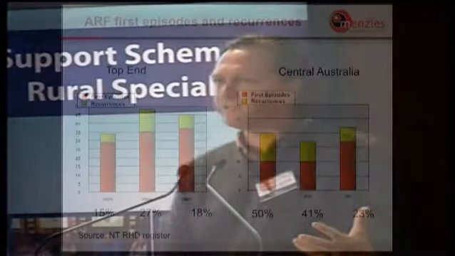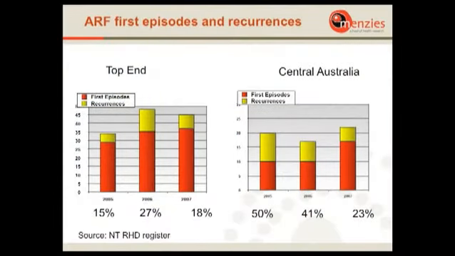But what we are starting to get on top of is the whole issue of recurrences. So recurrences, the episodes that occur after someone's already had an episode, are very preventable using penicillin, and we'll hear about that during this meeting. And when we started this back in the late 90s, about 40 to 50% of all episodes of acute rheumatic fever were recurrences in the top end.